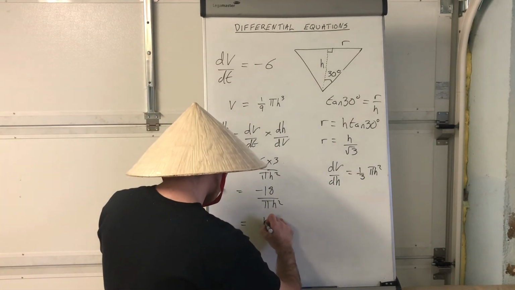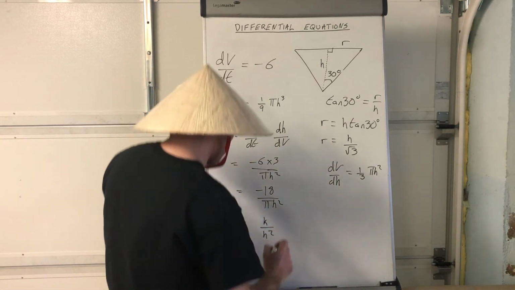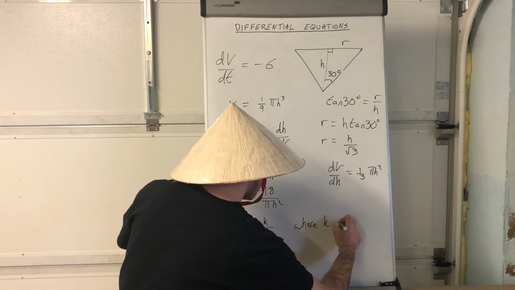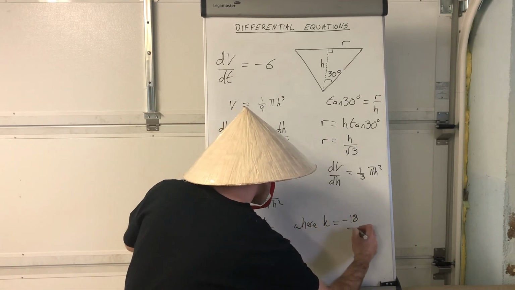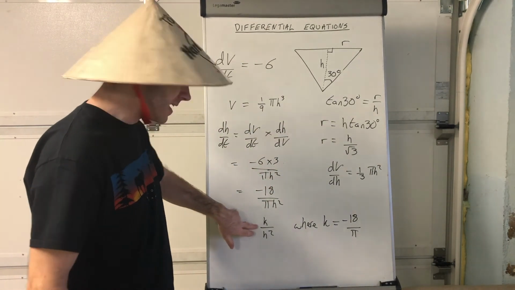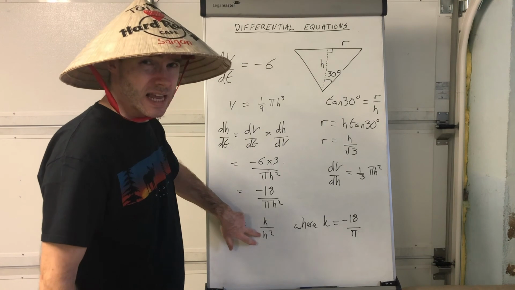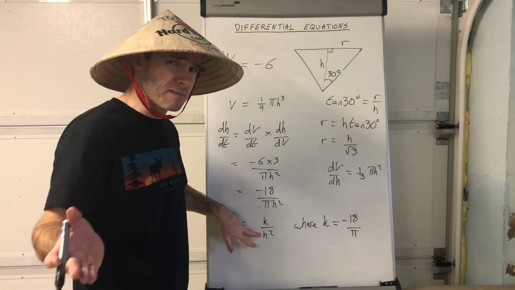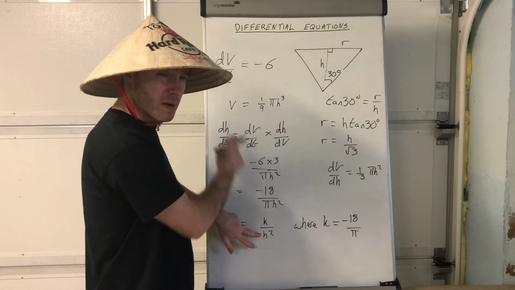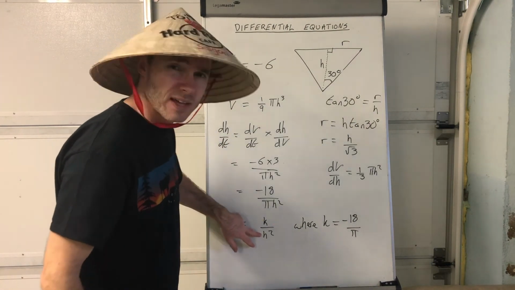I'm going to write it as positive k over H squared, where, let's emphasise this, k is equal to negative 18 over pi. And that's enough. I've got dH/dt equals k over H squared. Hence it's inversely proportional. And at the same time, of course, I've got my differential equation for dH/dt. And that is it.